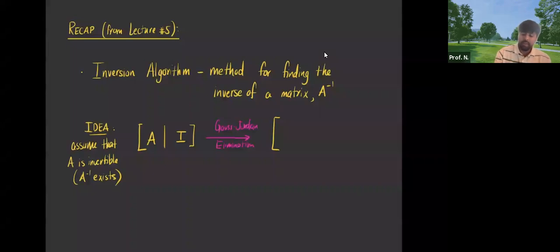So A is an invertible square matrix, and the inverse of it exists.